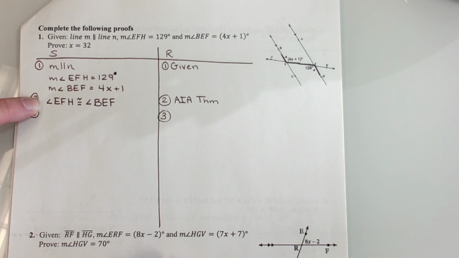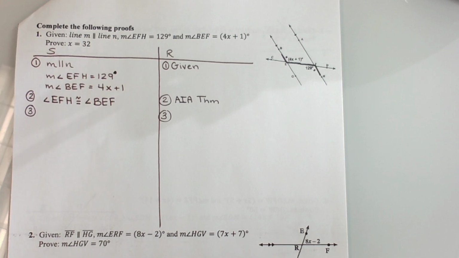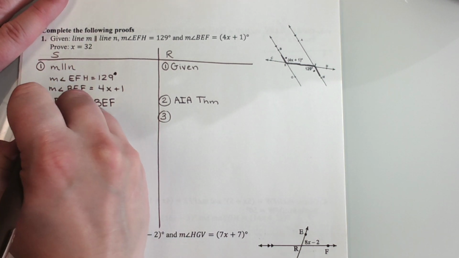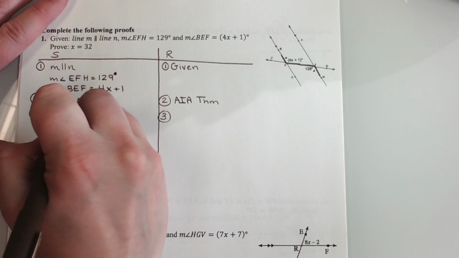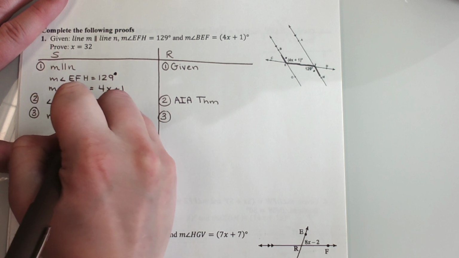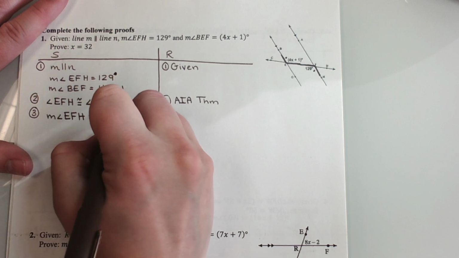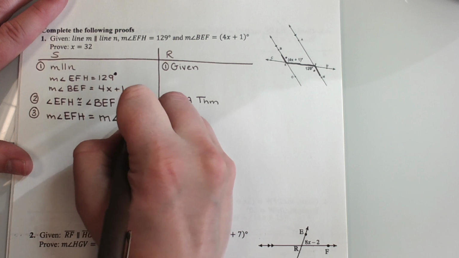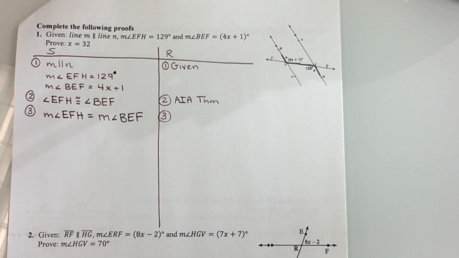Congruent means they're equal, right? That's what we can do next. We can change that to an equal sign. But we still have to do it with their names. We also have to make sure that when we're adding equal signs to this, remember when we're working with angles, angles can only have equal signs if they have the little m in front of their angle name.